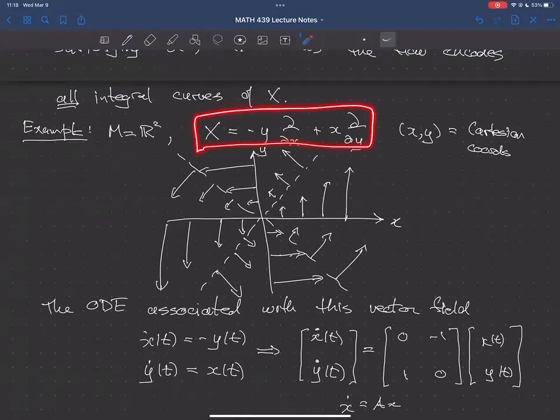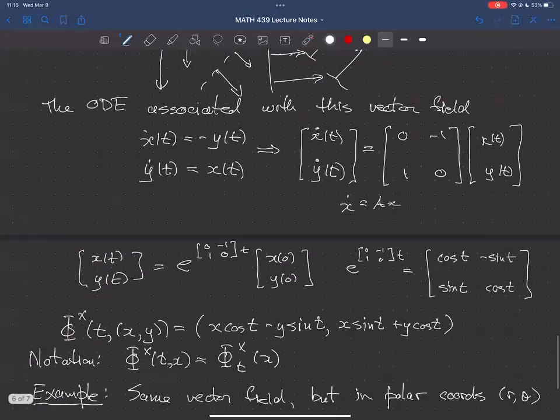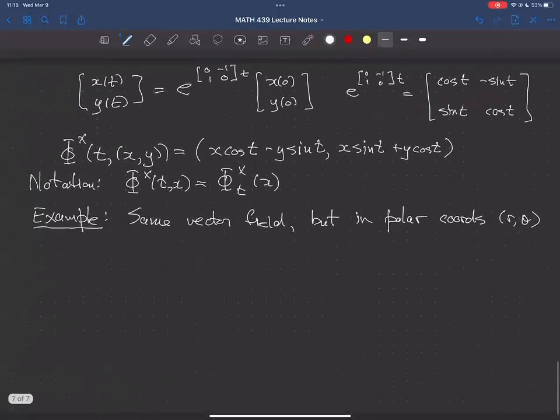I believe that Henry did this in the tutorial. It's a change of coordinate formula to go from the vector field in Cartesian coordinates to the vector field in polar coordinates. I know Henry did a bunch of change of coordinate examples for vector fields in the tutorial, and I thought he did this one, but I'm not sure. It doesn't matter. It's just a change of coordinates formula.